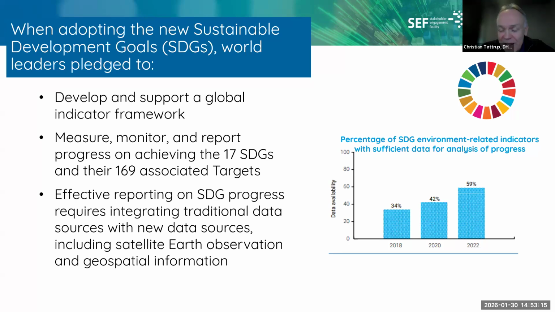A lot of these indicators are related to the environment, and quite early it was realized that traditional statistical sources would not cover the full extent of these environmental indicators, and they needed to be complemented with non-traditional data sources like Earth observation and related geospatial information.